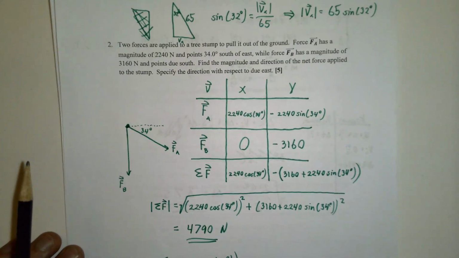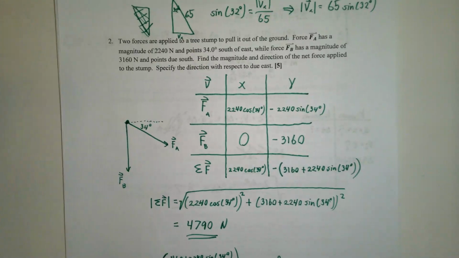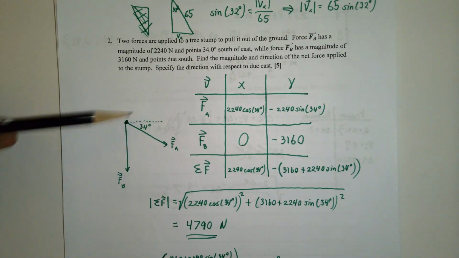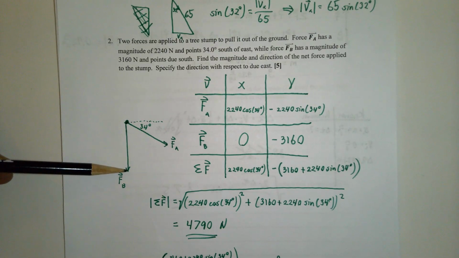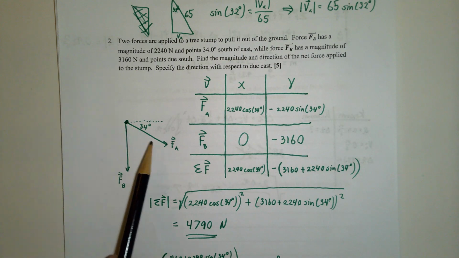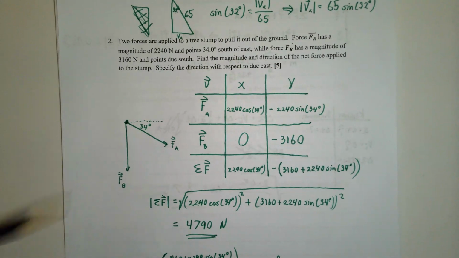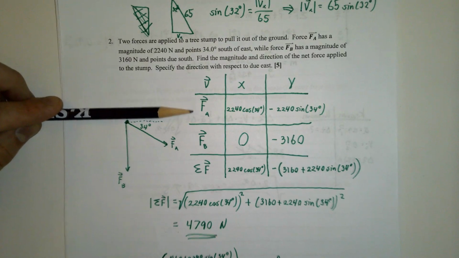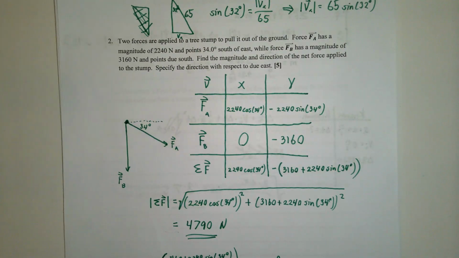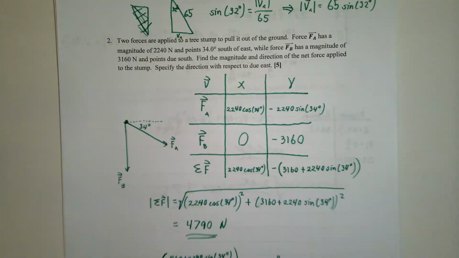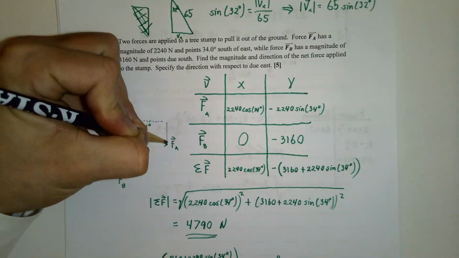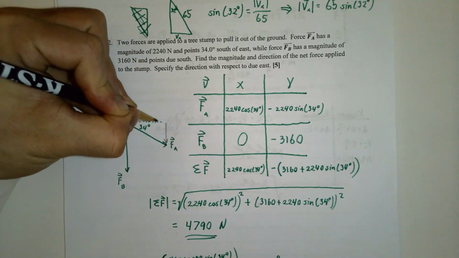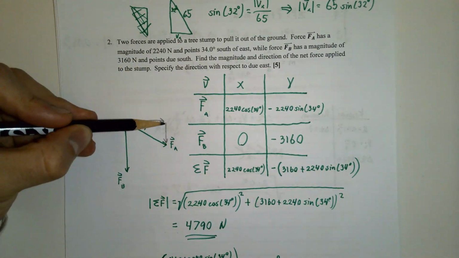All right. Finally, for our two forces that are applied to the tree stump, here's our free body diagram. We have our second force, force B, that is due south with a magnitude of 3,160 newtons. And then we have force A, which is 34 degrees south of east. So from the east towards the south, 34 degrees. If we decompose that vector into two components, there's our x component, there's our y component.